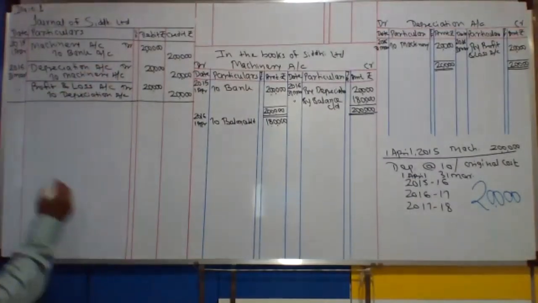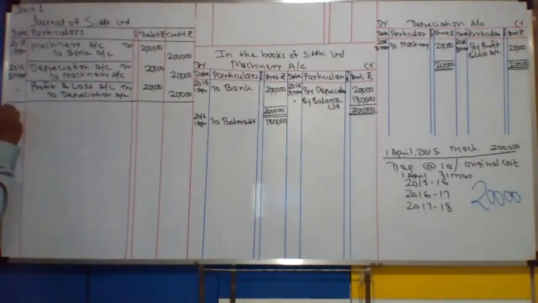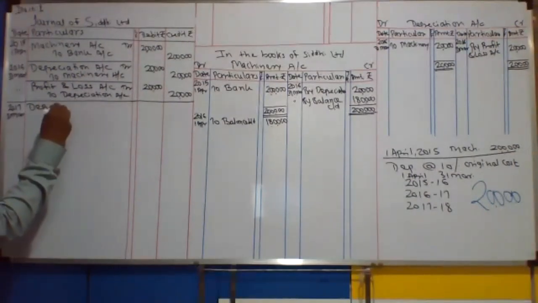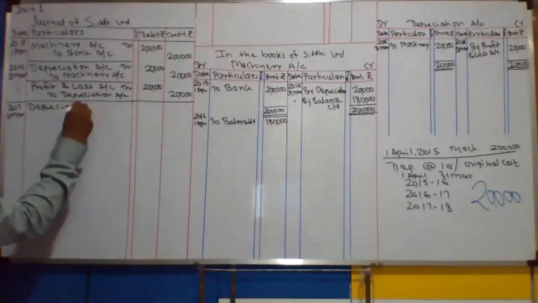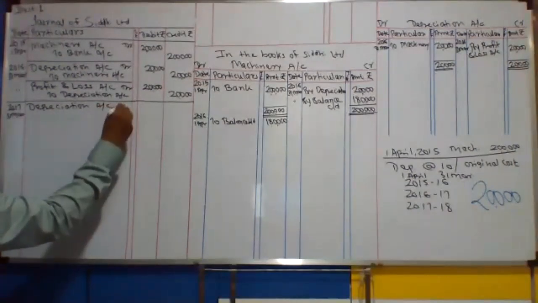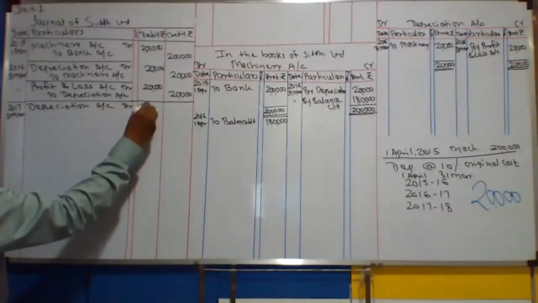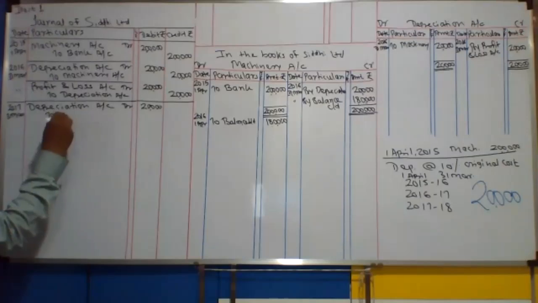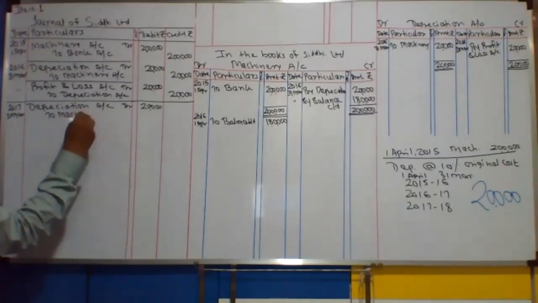रिपीटेड एंट्रीज. But date is now 2017, 31st March. Entry depreciation account debit, same entry again. Amount भी same आएगा 20,000 rupees to machinery account.